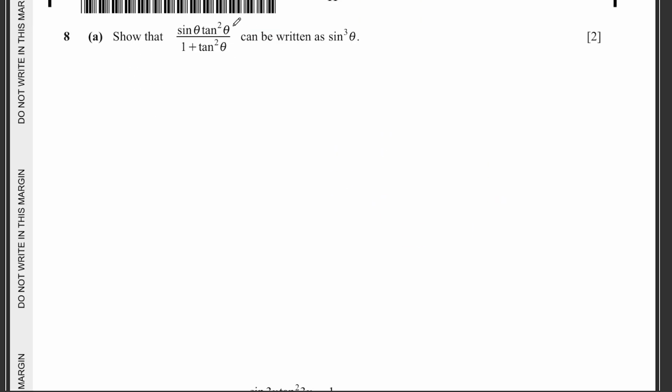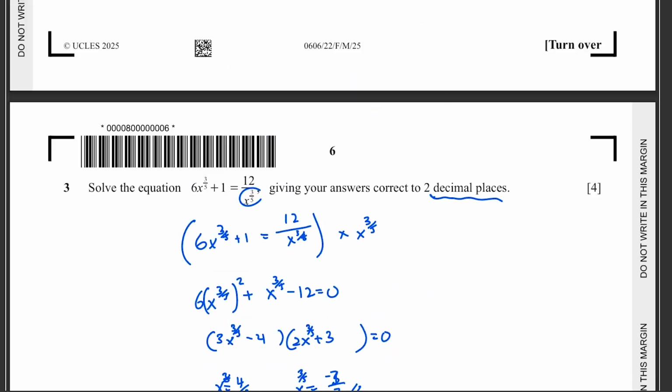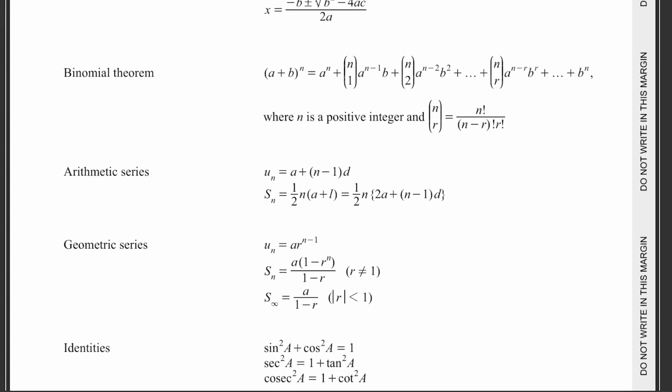Show that this expression can be written as sine cubed. First of all, I can notice that the bottom can be written as secant squared already, based on the three Pythagorean identities. You can refer to the formula sheet at the beginning of the paper.